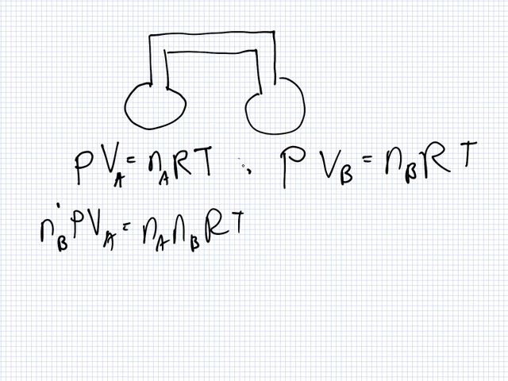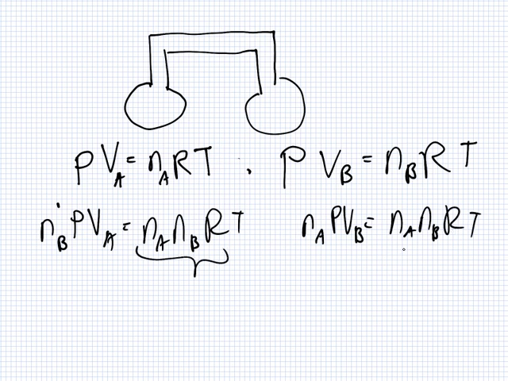Are you multiplying by nB here, the left and the right? And here I'll multiply by nA. Is this going to work? This might work. I'm going to minus the equations now.